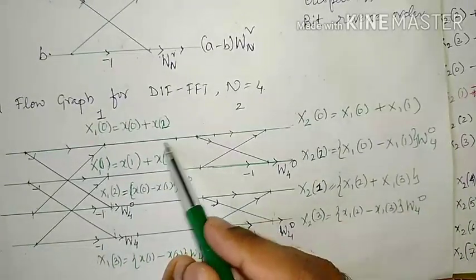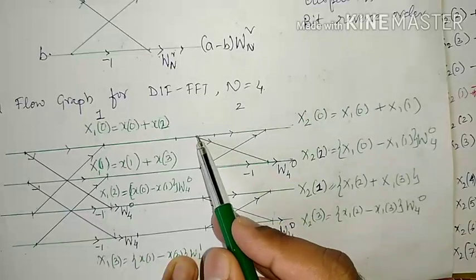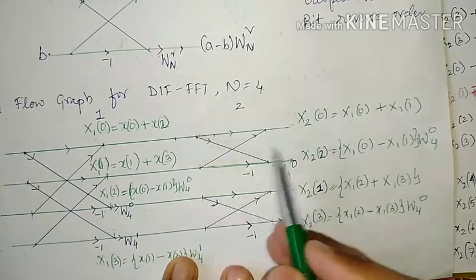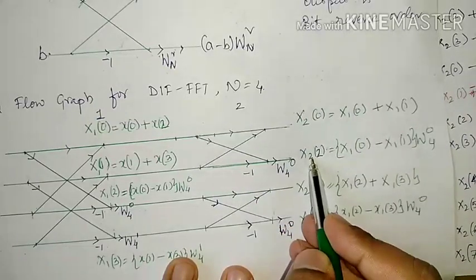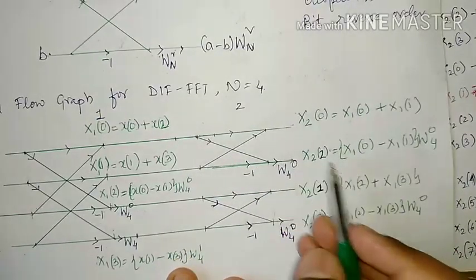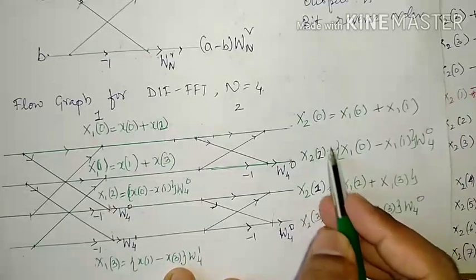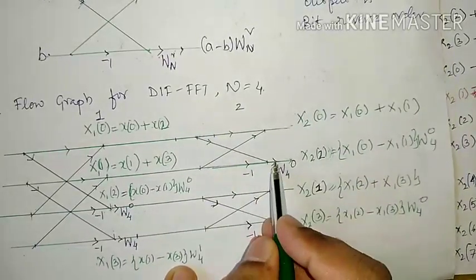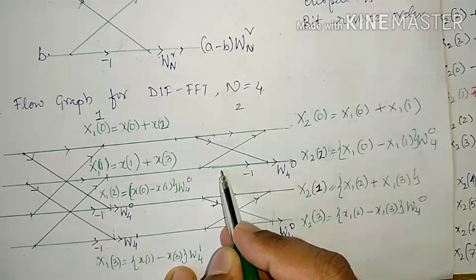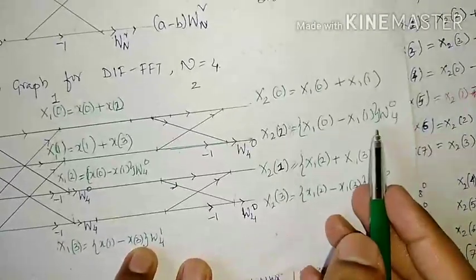Here also, in order to find x2 of 0, it is simply x1 of 0 plus x1 of 1. In order to get x2 of 1, as I said, this is bit reverse order. x2 of 2 can be written as x1 of 0 minus x1 of 1 into W40.